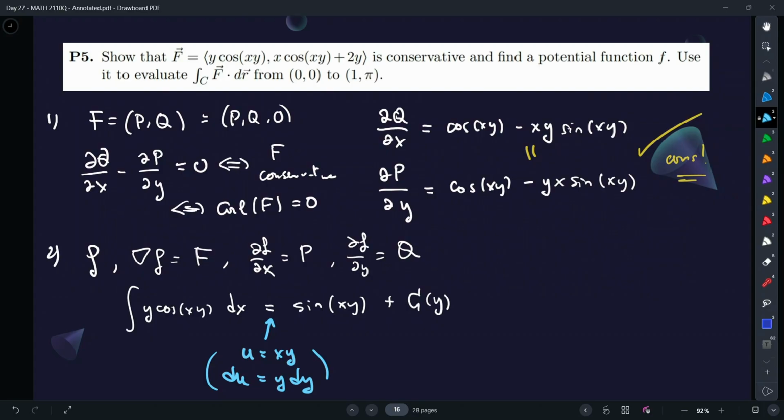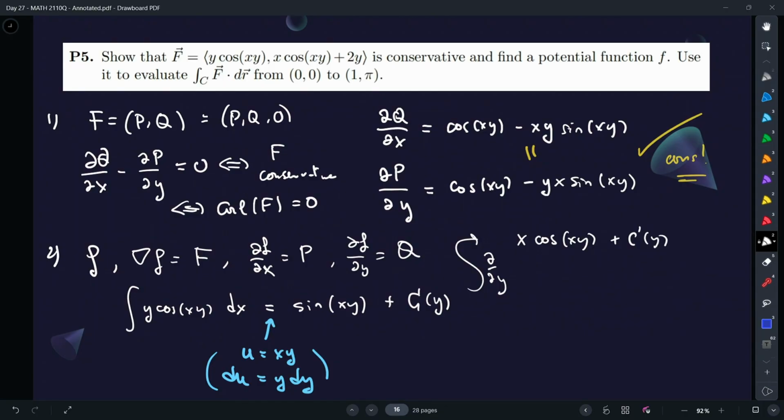Okay, so now that I have my candidate for f, I have to try to figure out what is this constant with respect to y. So now we take the derivative with respect to y. So I'm going to now take the derivative with respect to y again and see what I get. With respect to y, I get x cosine of xy plus whatever the derivative of this function is with respect to y, right?